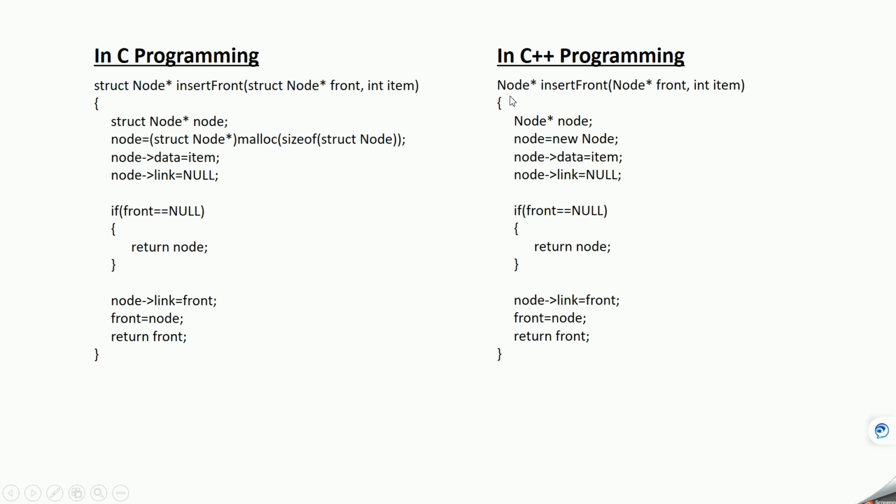This is the change here, and then the same thing here, and here we'll create a node or allocate memory for a node using malloc in C, but in C++ we'll use the new operator to do that, and the rest of this operation will be the same. Okay, so this is the function that will help us to add a node at the beginning or front of a linked list.